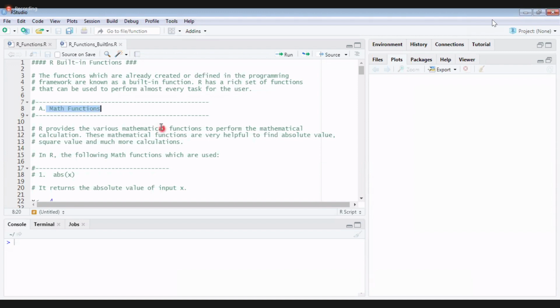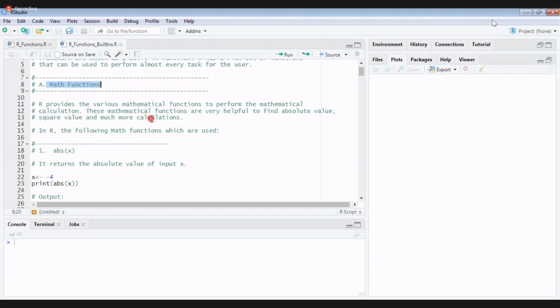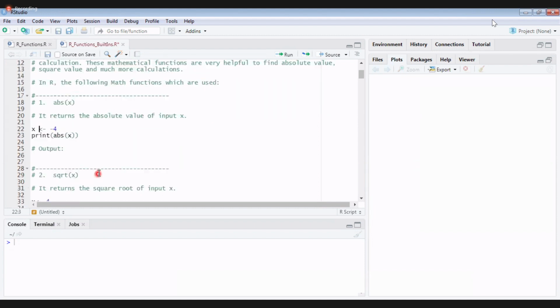So in mathematical functions, the first one we are going to learn is the abs function. What is abs? Abs stands for absolute value. Absolute value of any value is only the positive value. For example, I assign x equal to -4.